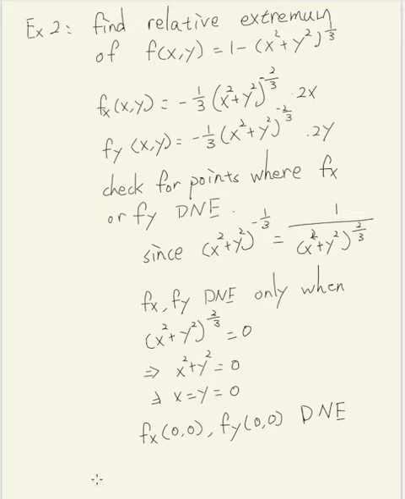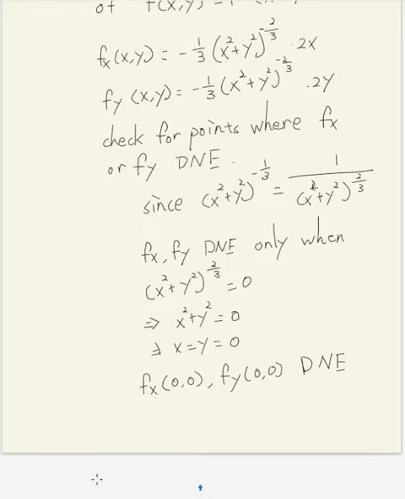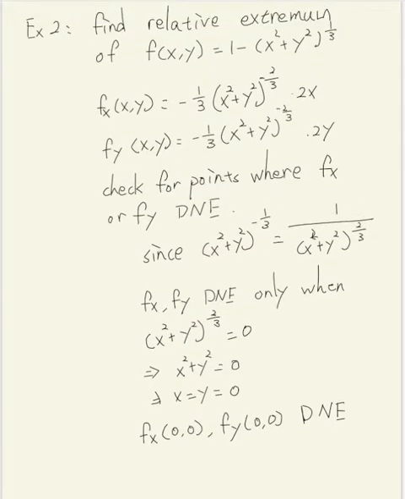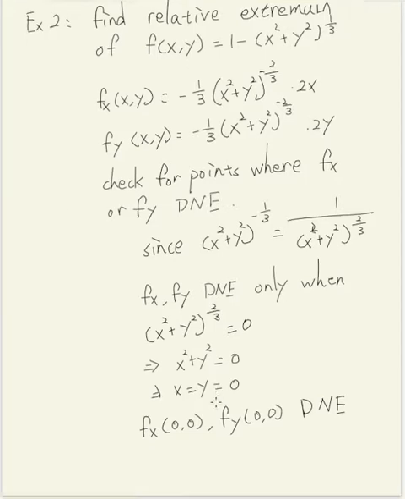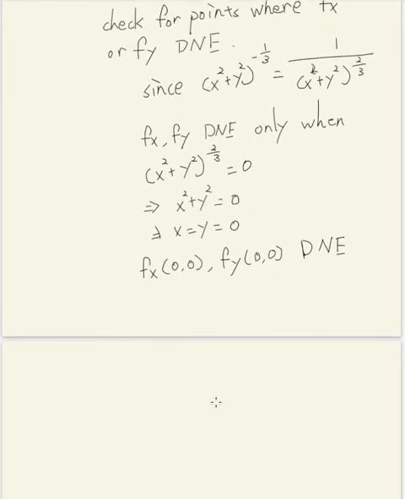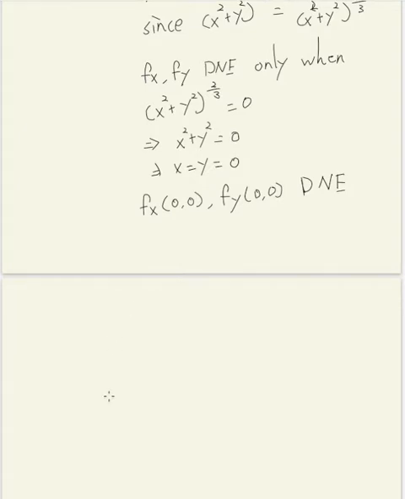You look for one, as long as one partial derivative doesn't exist, then it's fine. Of course, the partial derivative that does exist has to be 0. Okay, so we found our first critical point. Now let's see if there are others.